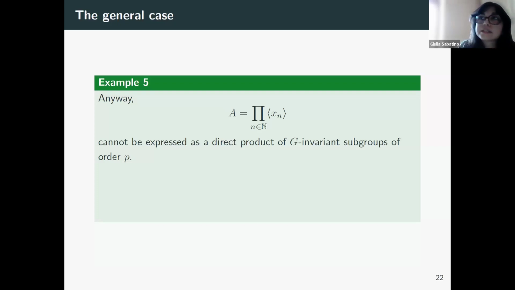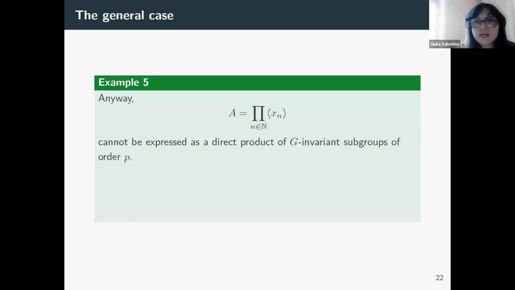And if we assume by way of contradiction that G is a C group, then any of its subgroups is a C group, in particular A is a C group. Hence it has to be decomposed as a direct product of some G invariant subgroups of prime order. Anyway, it's not so difficult to show that the G invariant cyclic subgroups of A are the xn.